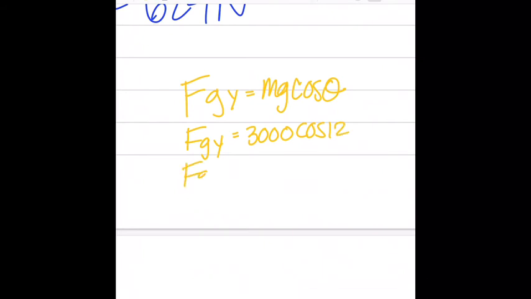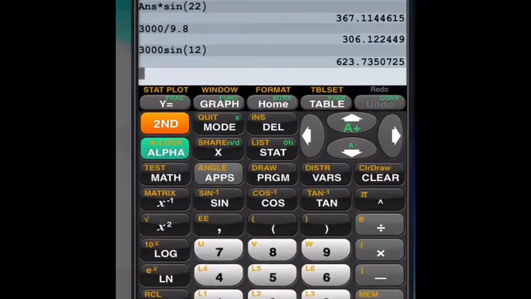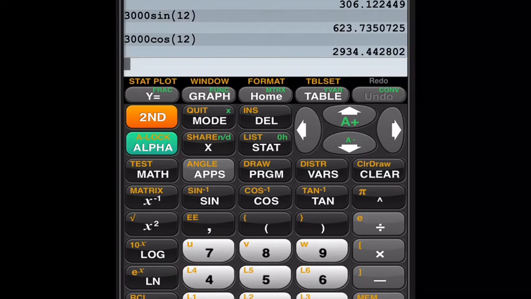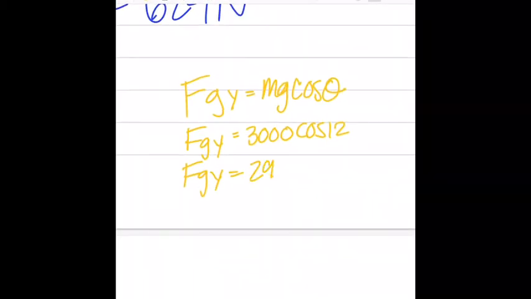So Fg of y is equal to 3,000 cosine of 12, which is 2934. And that's in newtons.